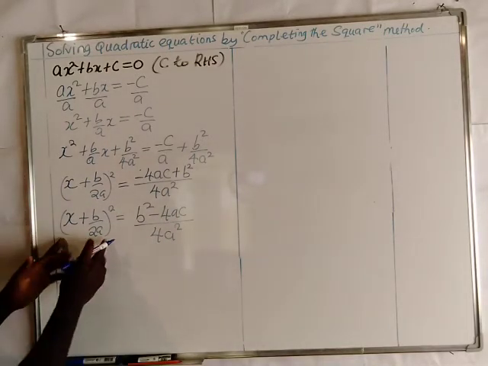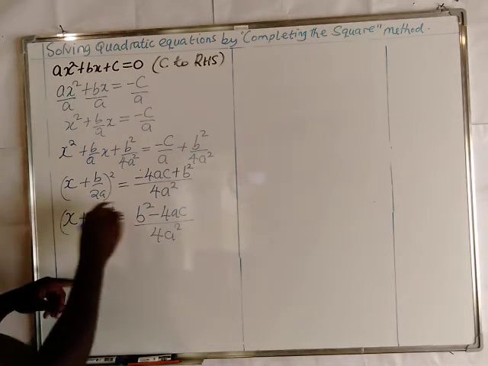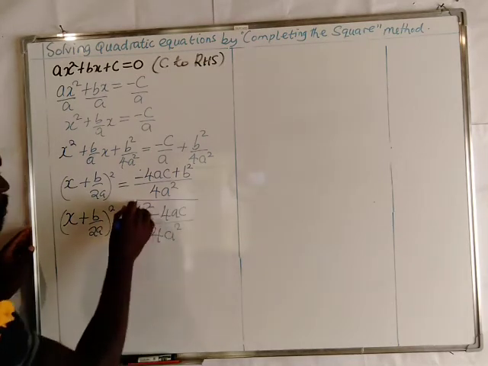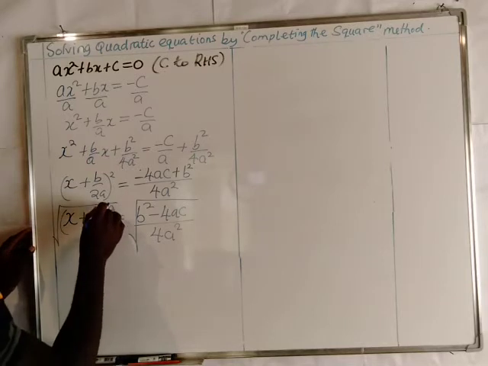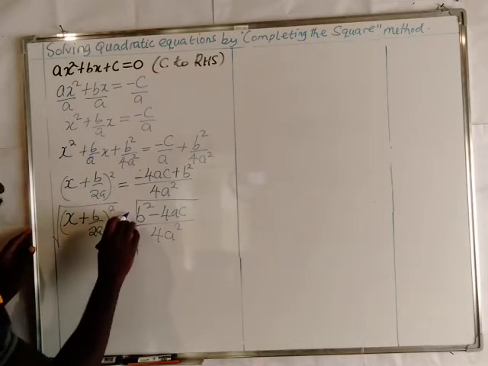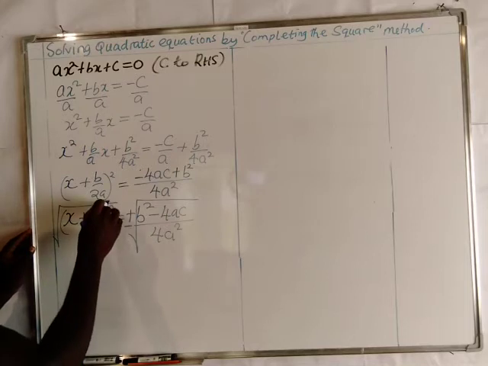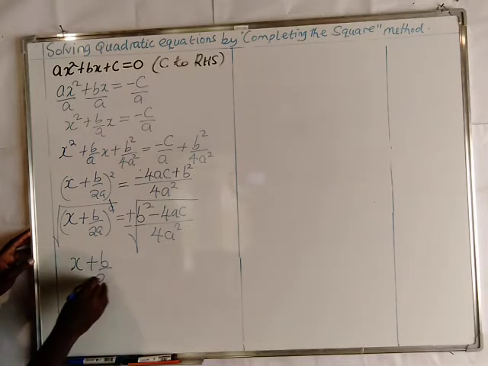Okay. So at this point now, we make x the subject of the formula by finding the square roots of both sides of the equation. So here, whatever will come out of the square root will be plus or minus. Here, the power 2 will cancel the square root so that we have x plus b over 2a.